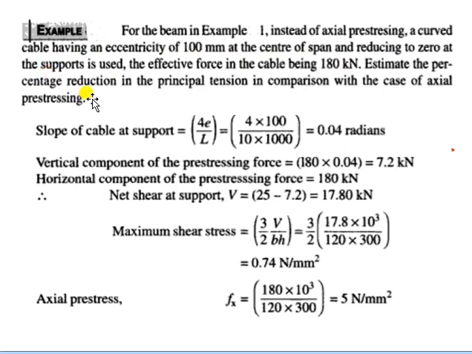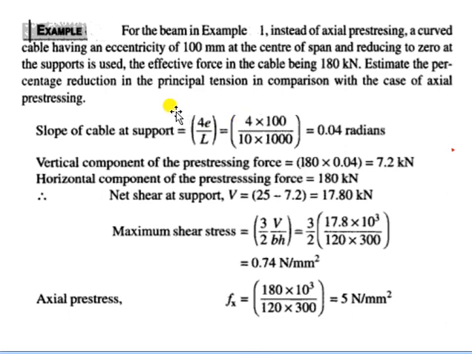For this beam, we need to calculate the percentage reduction in the principal tension in comparison with the case of axial pre-stressing. So the procedure is the same. The only difference is there it was a straight cable and here it is a curved cable.